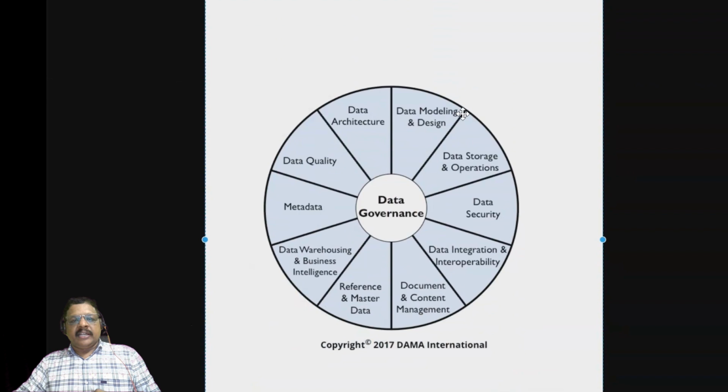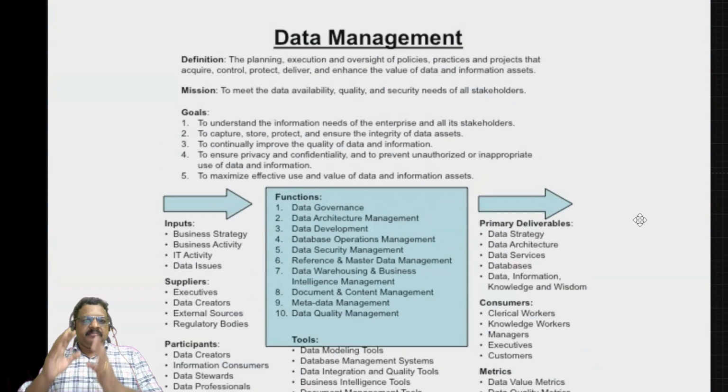Then as I mentioned, you follow a template, a contextual diagram. It gives you the definition of the topic, the goals of the topic, and what are the major functions of that topic. Take the example of data management.